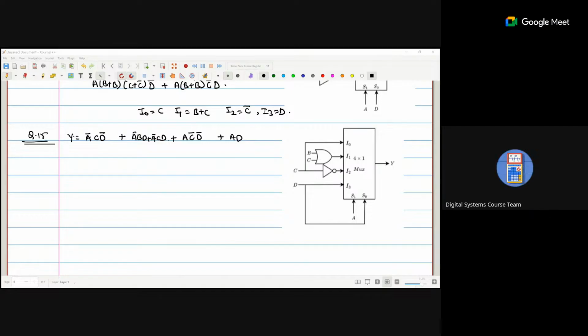Sir, in GA5, there are also some doubts. Then just tell me which question. 9, 10, and 11.